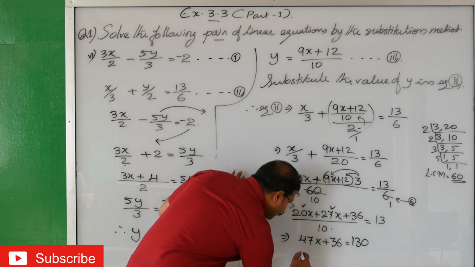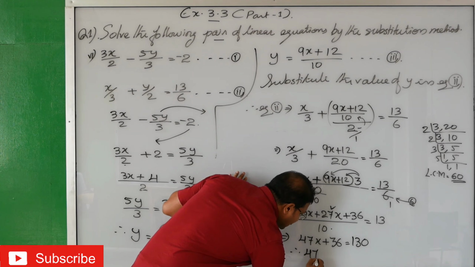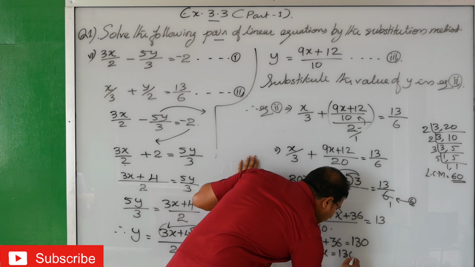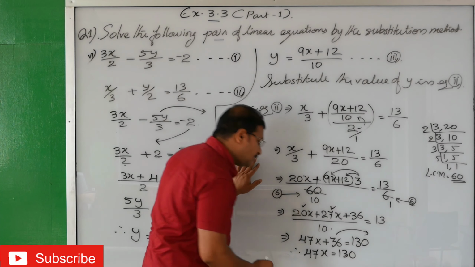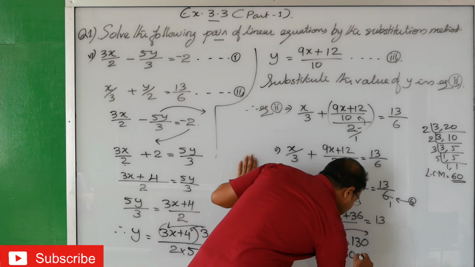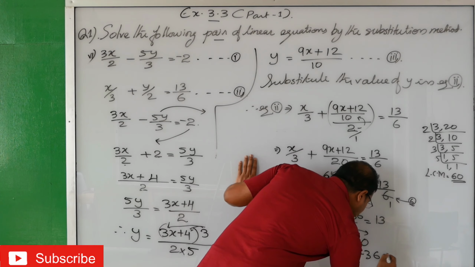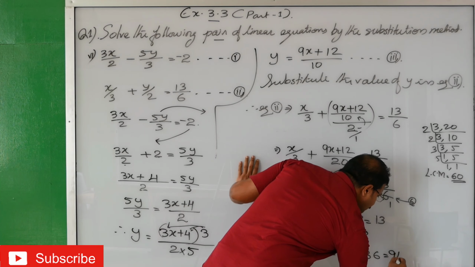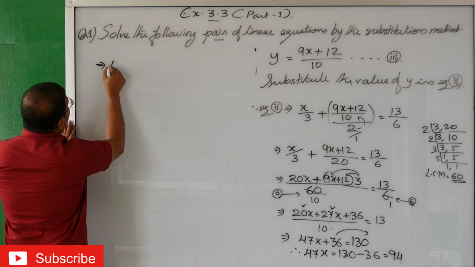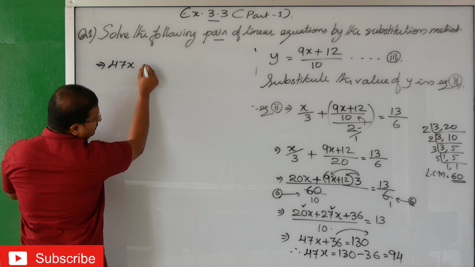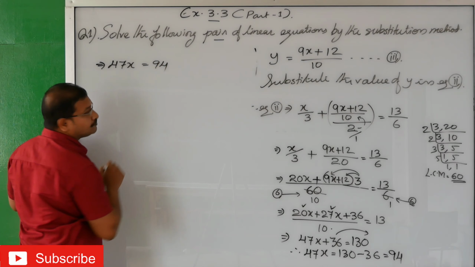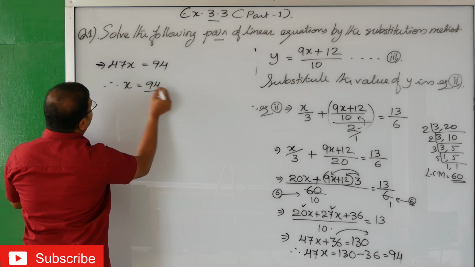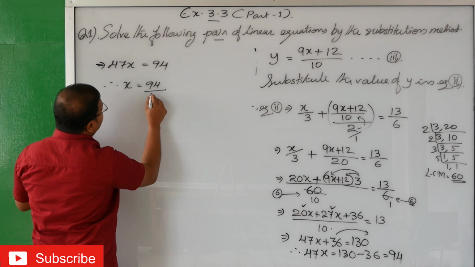Ready? Therefore, 47x equals 130, 36 goes to the next side, minus 36. So 130 minus 36 will get 94. This implies 47x equals 94. Therefore, x equals 94 divided by 47.